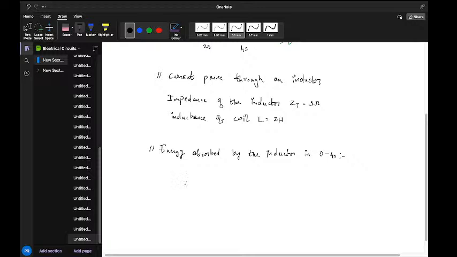So we know a basic formula, which is power is work done by time taken, and for an electric circuit it just becomes energy divided by time taken, T. So the energy is going to be the integral of P dt.